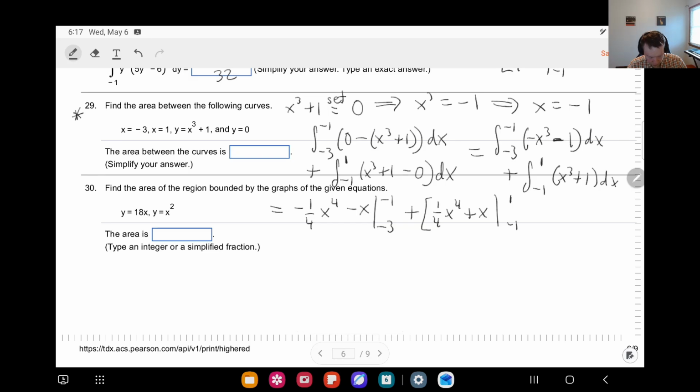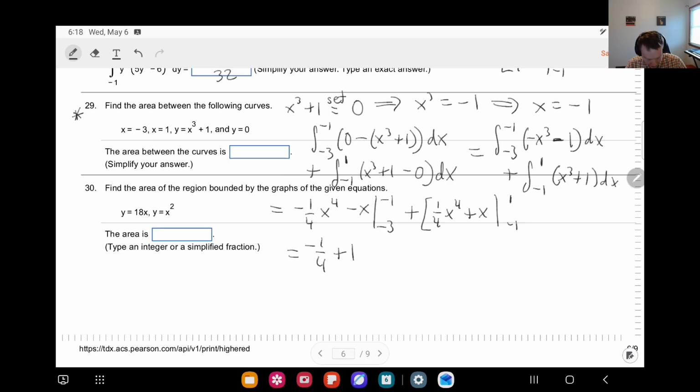All right, so plugging in -1 first, I get -1/4 times 1. It's an even power. Then minus -1, so plus 1. I'm not showing quite as much work as I might have before.